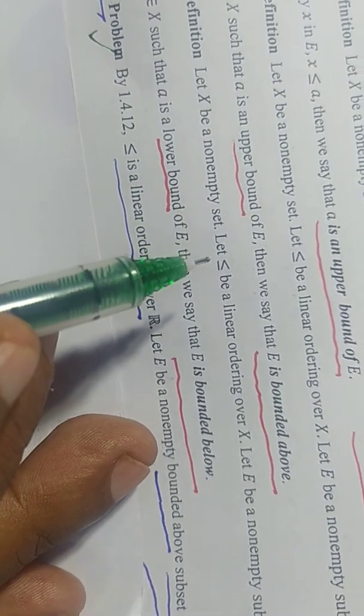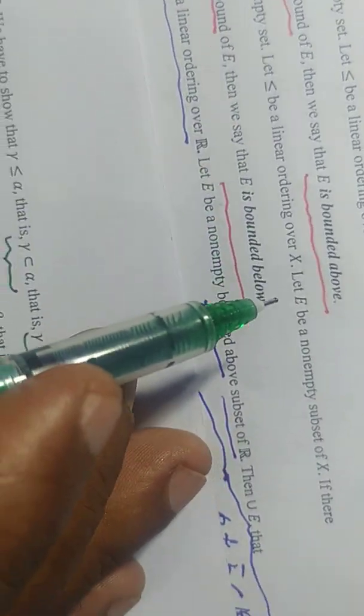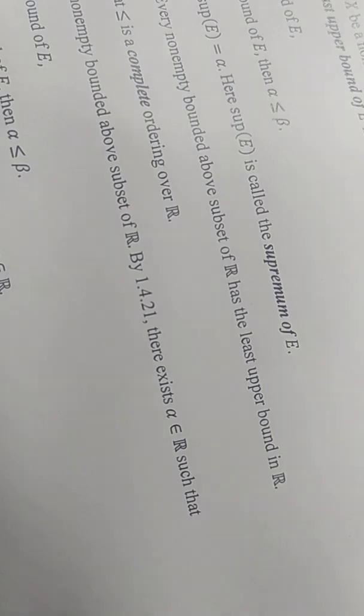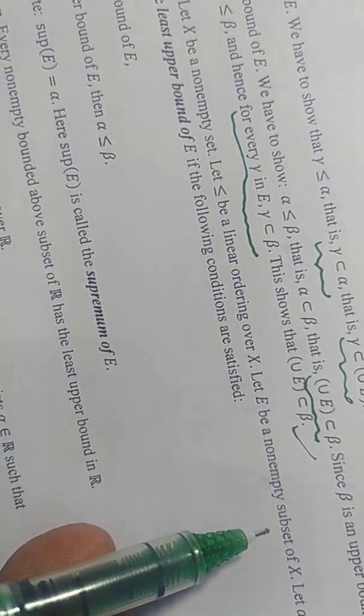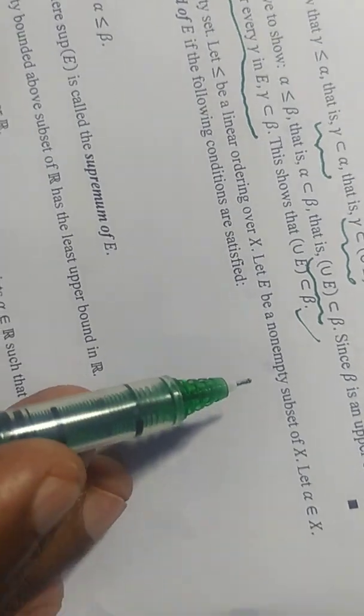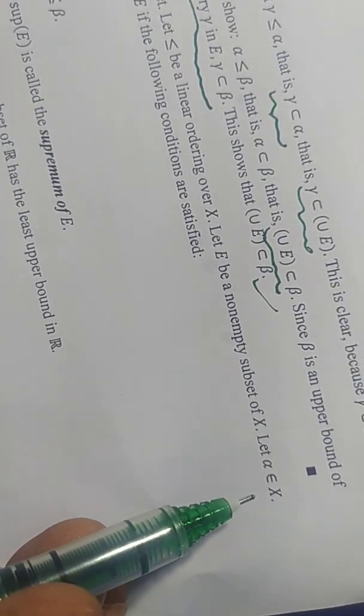X is a non-empty set, less than or equal to is a linear ordering over X, and E is a non-empty subset of X. Let alpha belong to X.